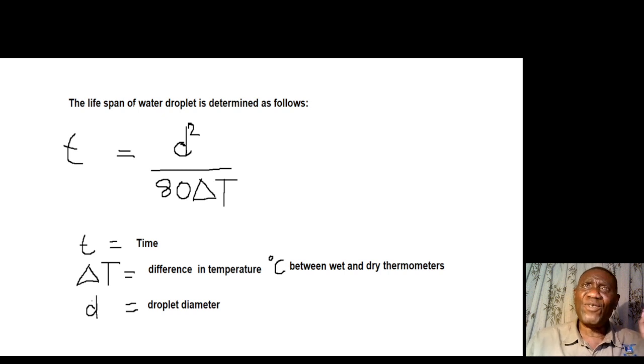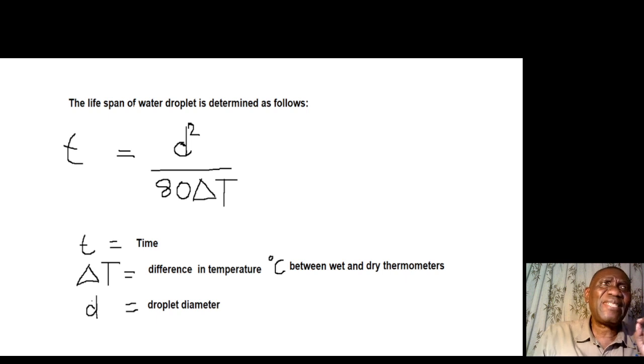Because if the droplet quickly disappears, it may mean our chemical may not be delivered to the target. That's why this parameter may be important. The lifespan of a water droplet.